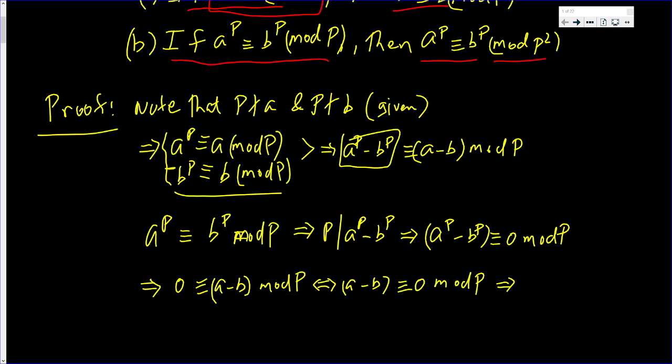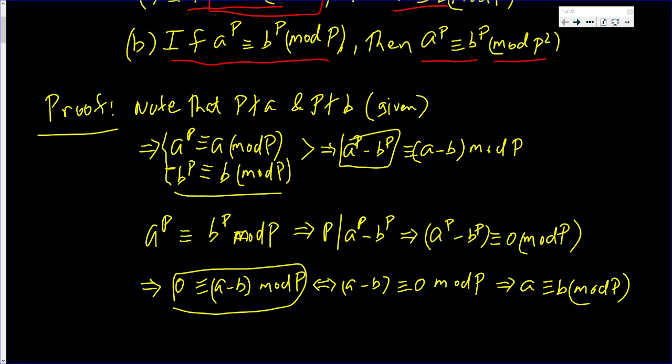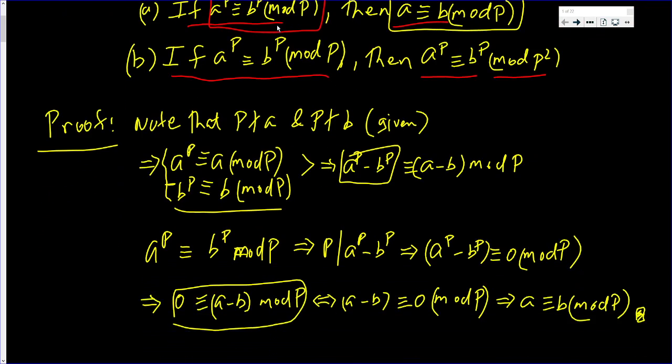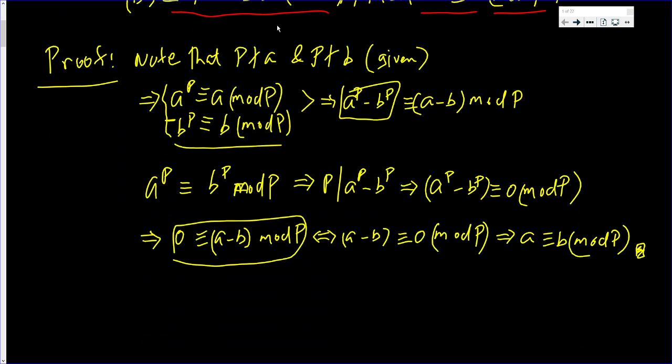Adding b to both sides, we get that a is congruent to b modulo p. And when it comes to part 1, that's exactly what we wanted to establish, that a and b are congruent modulo p. So let's put an a up here.